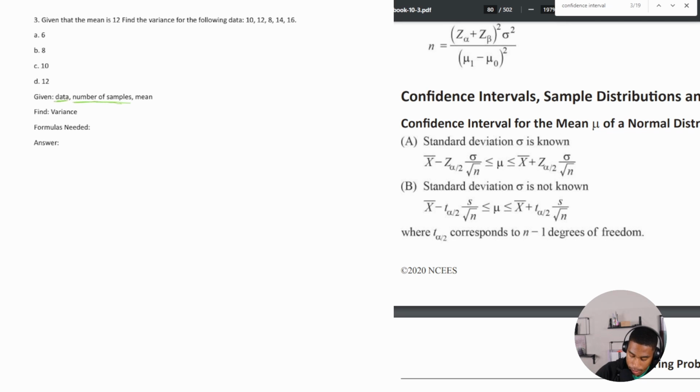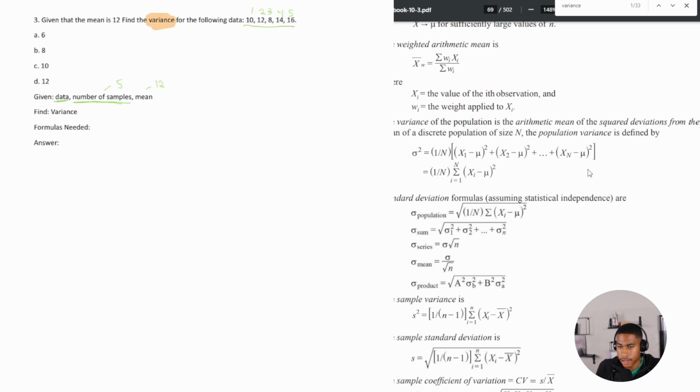So the data would be here. The number of samples is 1, 2, 3, 4, and 5. Number of samples is 5. And the mean is 12. What are we trying to find? We're trying to find the variance. Just find the variance.